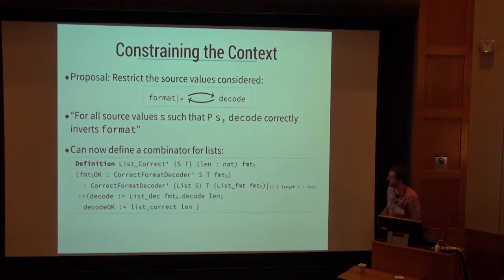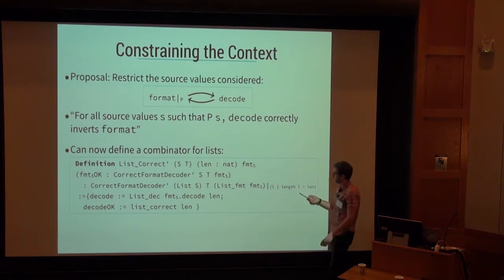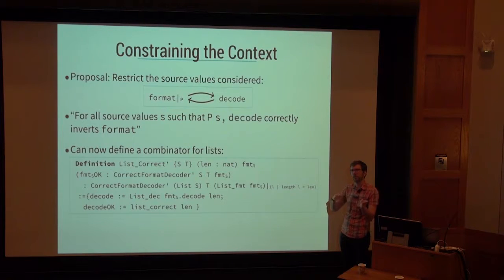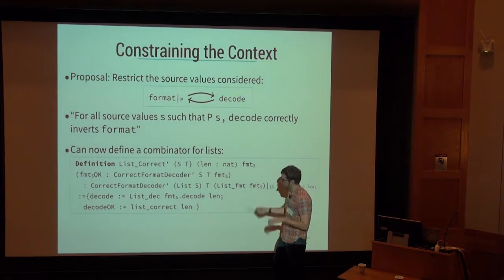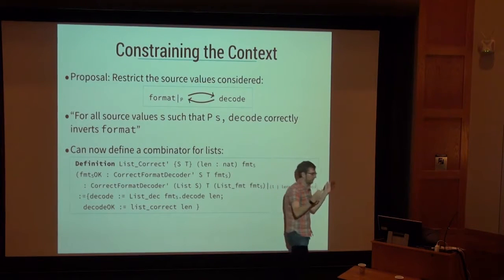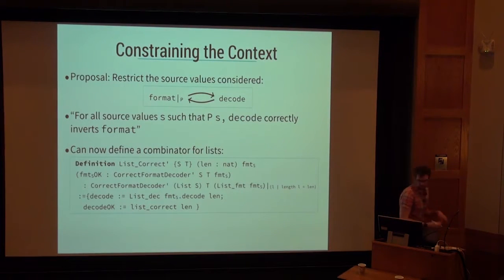And now it should be pretty easy to prove this lemma, that this decoder is correct, because we're only considering the decoding of lists that have the same number of elements as was passed in. We can write that proof and do it once and for all, and that's good. So we can define this, put it in a library and reuse it, which is pretty great.